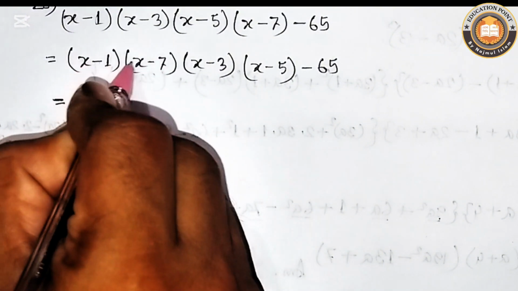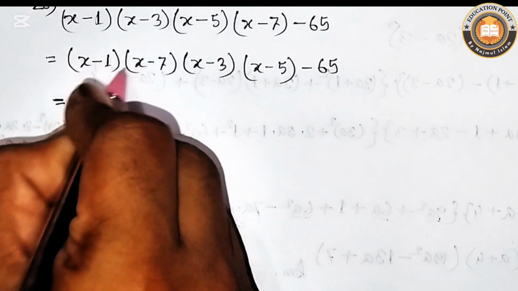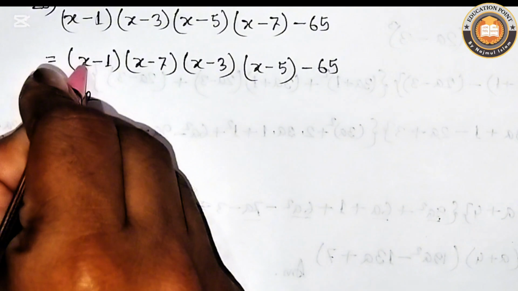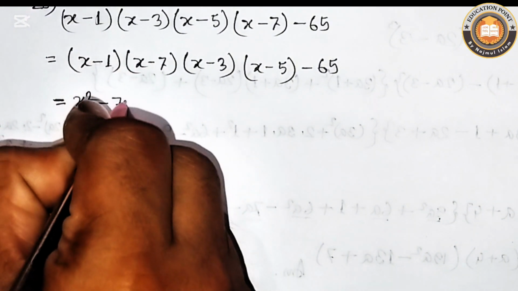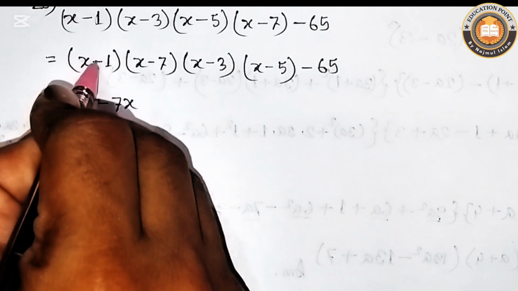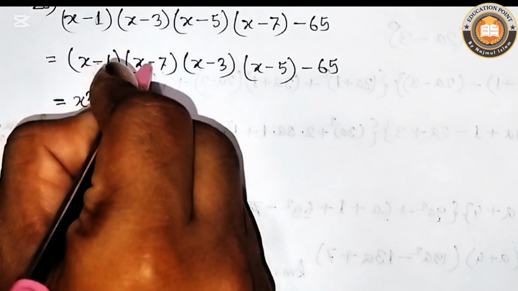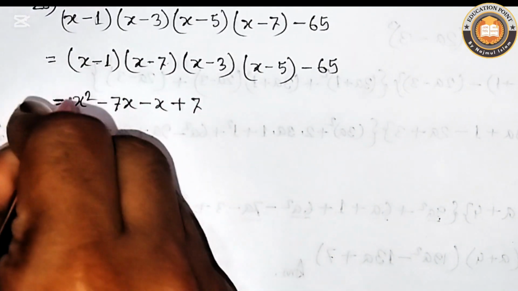At first, x multiply with x minus 7. x multiply x equals x square. Then x multiply with minus 7, that means minus 7x. Minus 1 multiply with x, that means minus x. Minus multiply minus, plus 1 multiply 7 equals 7.